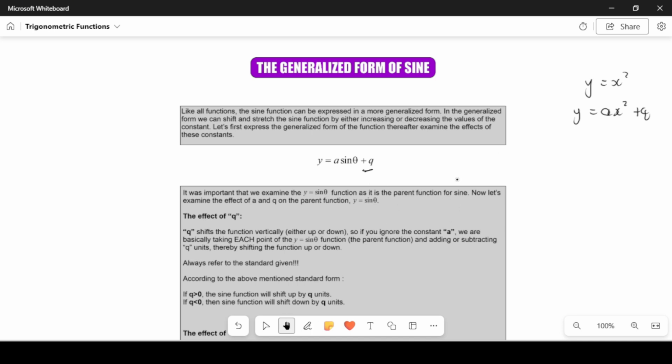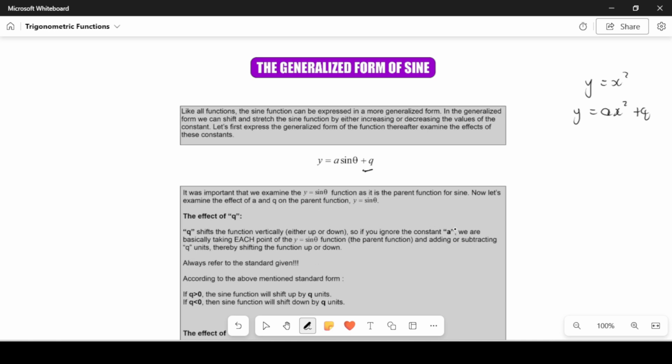Exactly as I said, if ever we want to translate, meaning move up and down or left and right, or transform, meaning stretch the function, we will need to examine the parent function first. Everything is relative to some standard, and in this sense, the standard is the parent function. So now let's examine the effect of a and q on the parent function y is equal to sine theta. The effect of q shifts the function vertically, either up or down.